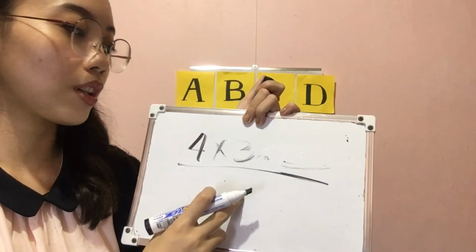Now we're going to apply this formula. We write 4 factorial over 4 minus 2 factorial times 2 factorial. We're going to expand this: 4 times 3 times 2 times 1 over 4 minus 2 factorial, which is 2 times 1, times 2 factorial, which is 2 times 1.